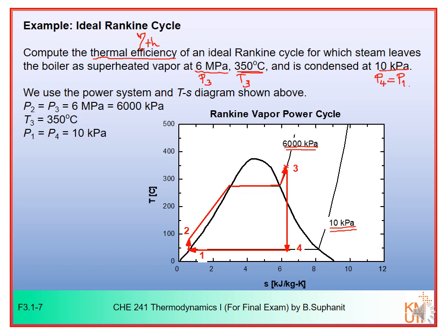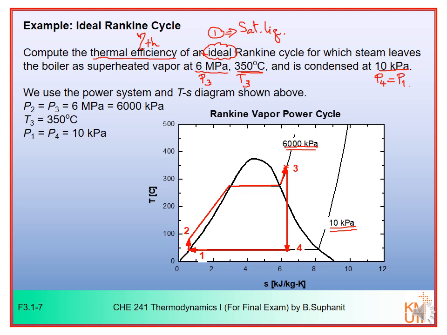Now, because this Rankine cycle is ideal, it means that point number 1 would have to be sat liquid. So we have point number 1 here on the saturation line. Okay, on the sat liquid line. This is point number 1.